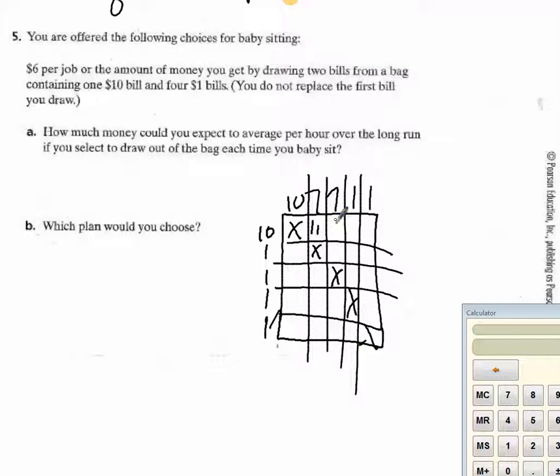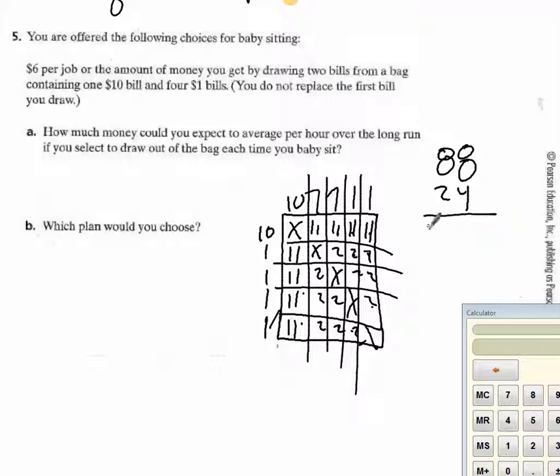So here's 11, 11, 11, 11, 11, 11, 11, because all of them contain a 10 and a 1. All right, so then, unfortunately, we have some 2s as well. So I have 8 $11 scenarios, and I have 12 $2 scenarios.